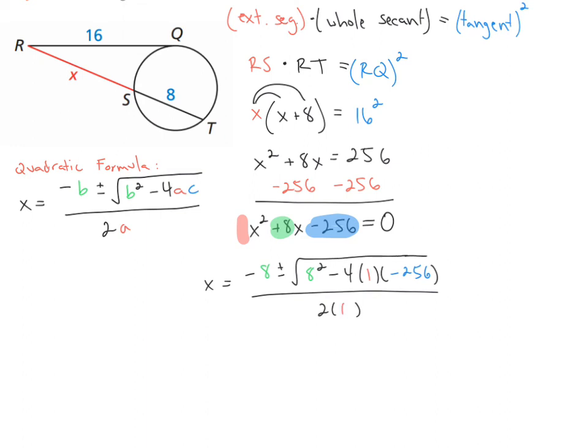All right, so what I'm going to do here, just like in the quadratic video, is work inside of the square root first. So I have 8 squared, which gives me 64. I'm going to multiply 4 and 1, which gives me 4. And then 4 times negative 256 gives me a negative 1024.